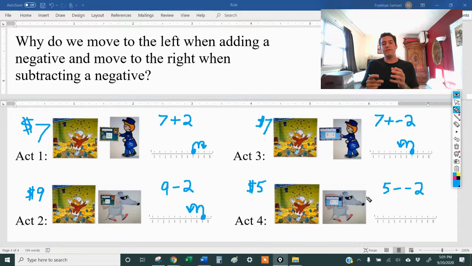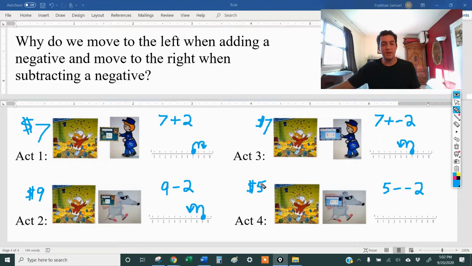Now, if the mouse takes away our bill, and apparently he's going to pay our bill for us, then is that a good thing or a bad thing? Would our net worth go up or would it go down? Well, it would go up.